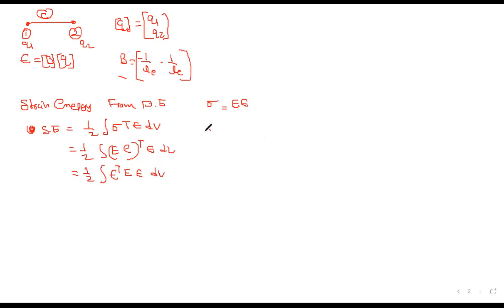Now epsilon can be defined as the B matrix times the Q matrix, which we derived in the previous slide.